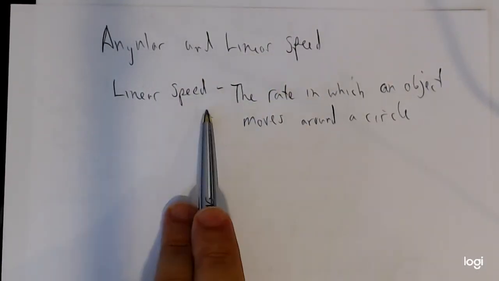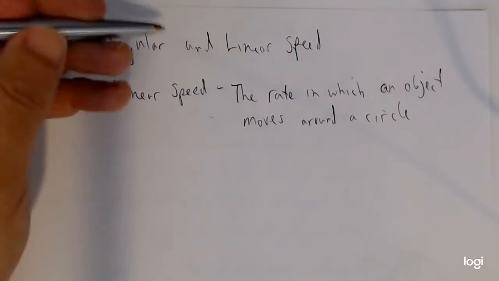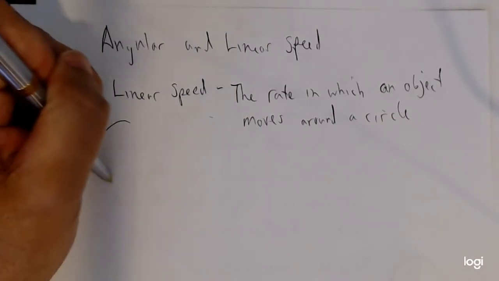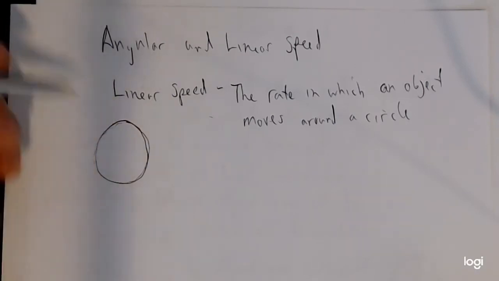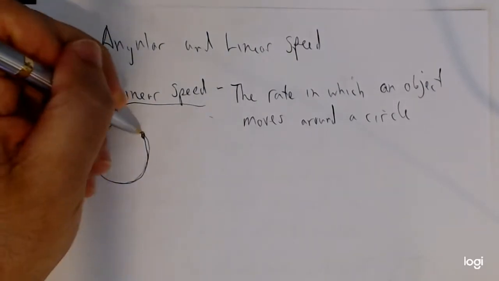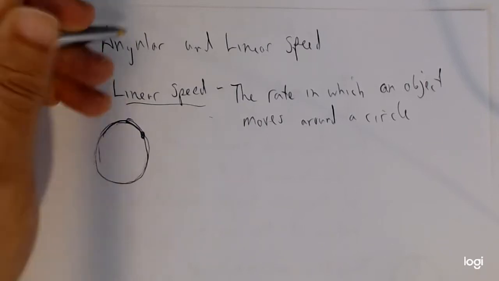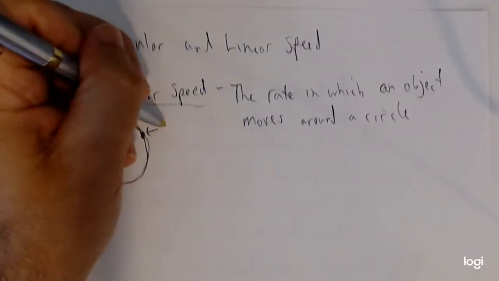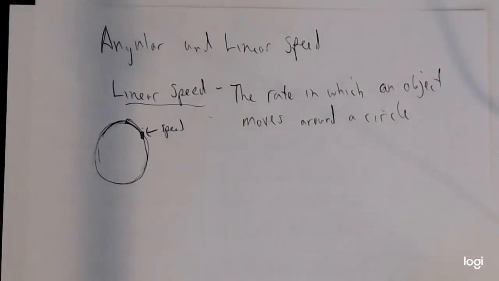The linear speed is the rate of the object, or the actual speed of the object. For example, if I'm running around a circular track at 5 miles per hour, then my speed is 5 miles per hour, which is my linear speed. It's the speed of that point that's moving around the circle.